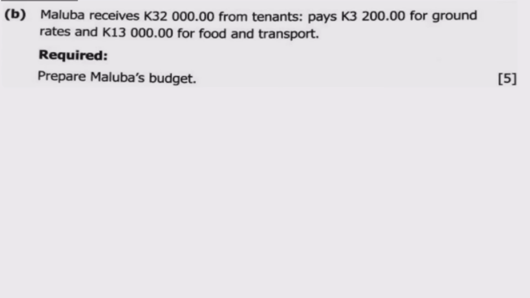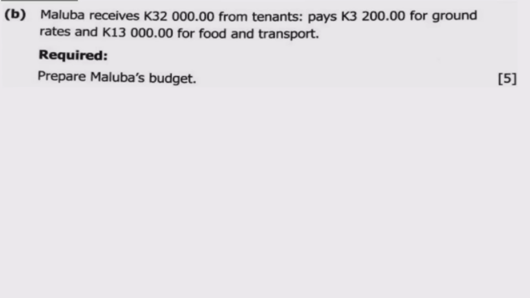Question 3B of section B is as follows. Maluva receives 32,000 kwacha from tenants, pays 3,200 for ground rents and 13,000 kwacha for food and transport.